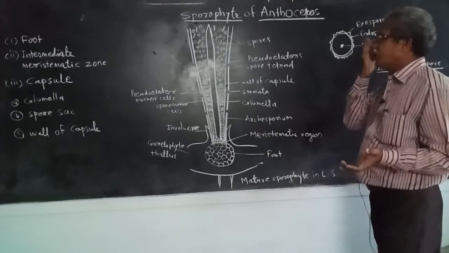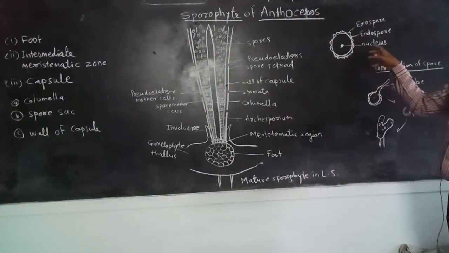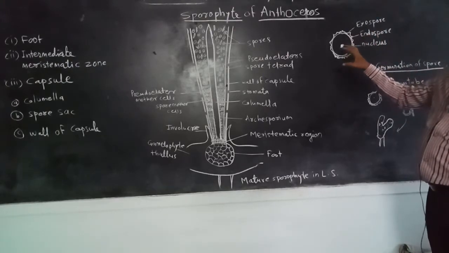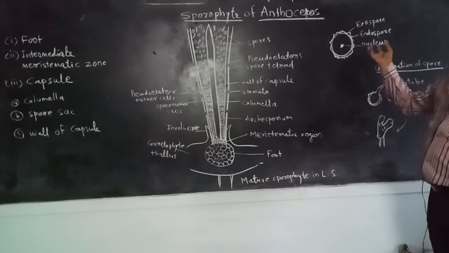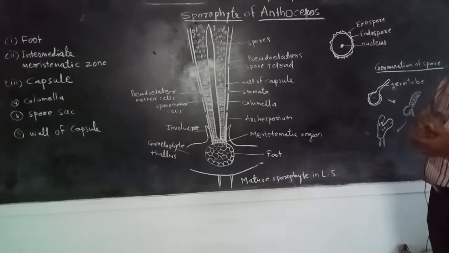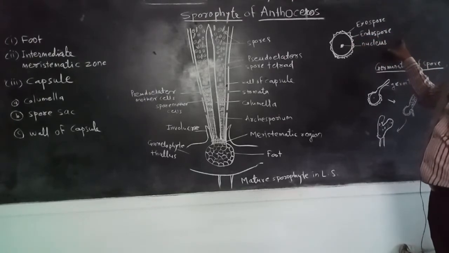Each spore is uninucleate, having cytoplasm along with colorless plastid and food material. It remains surrounded by a two-layered wall, outer exospore and inner endospore.